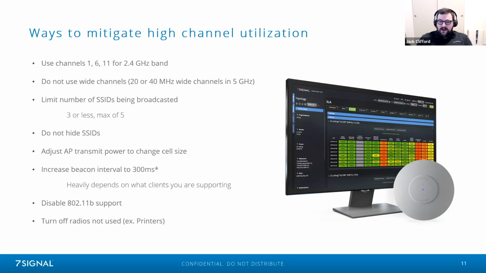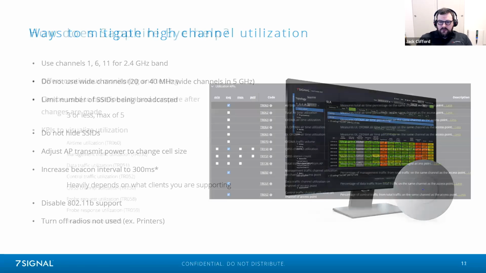And they are sending out beacons, about 10 beacons a second, more or less, causing not only increased interference but increased management traffic being sent on a channel. So just something to note.